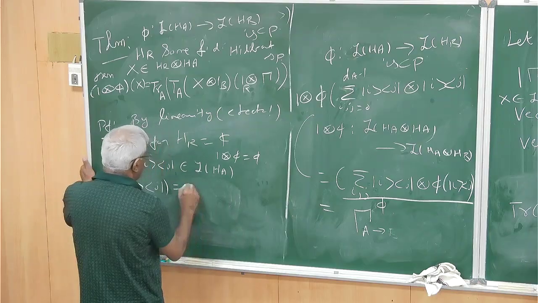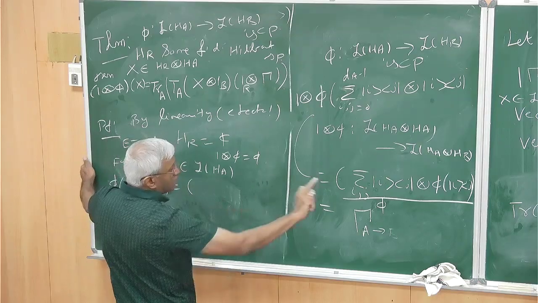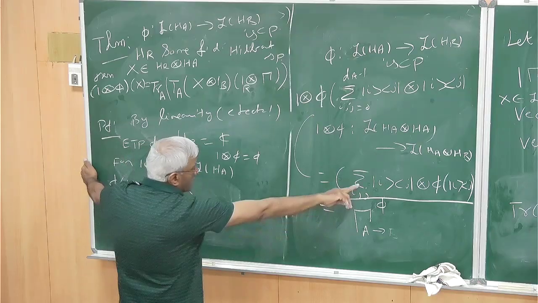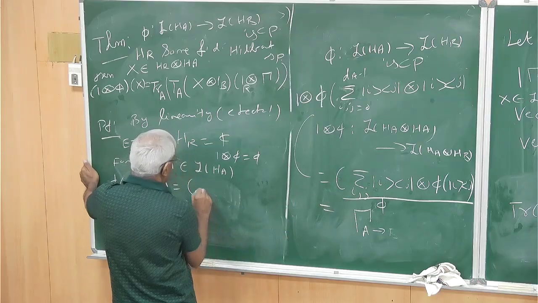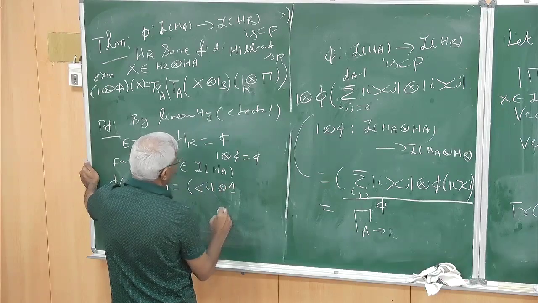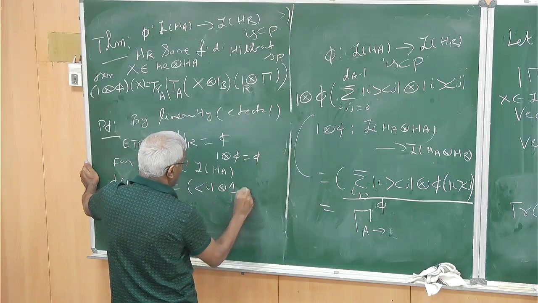As I said, you can write it like this. I have to get the i there, so you have to hit here. So i tensor 1, this is 1 on B, right?